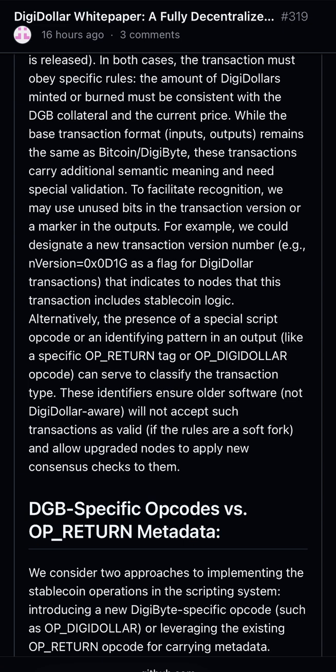Alternatively, the presence of a special script opcode, or an identifying pattern in an output, like a specific OP_RETURN tag or OP_DIGIDOLLAR opcode, can serve to classify the transaction type. These identifiers ensure older software, not DigiDollar-aware, will not accept such transactions as valid if the rules are a soft fork, and allow upgraded nodes to apply new consensus checks to them.